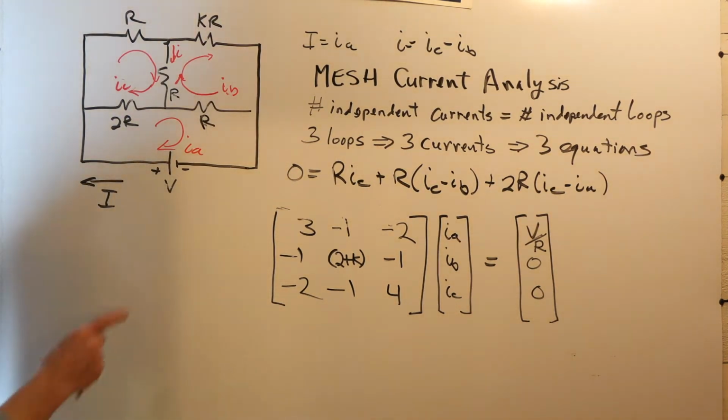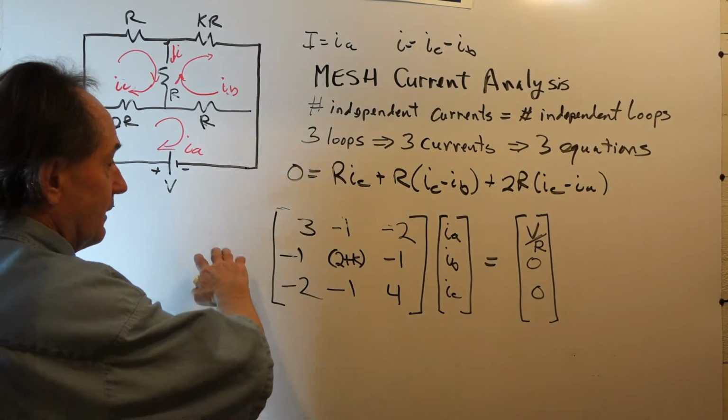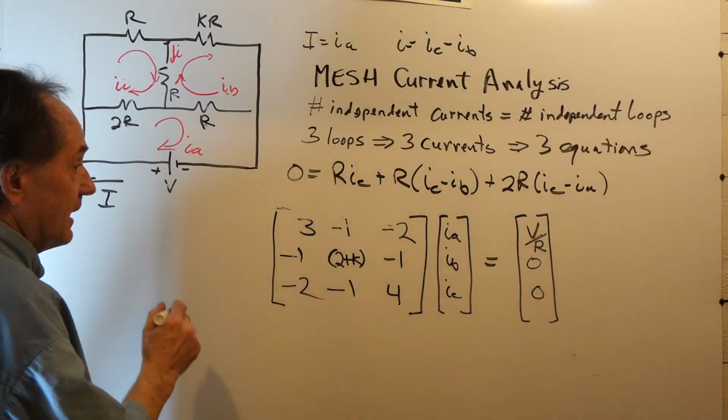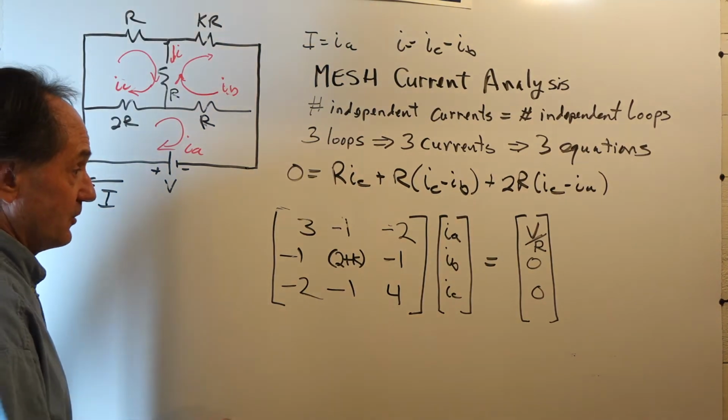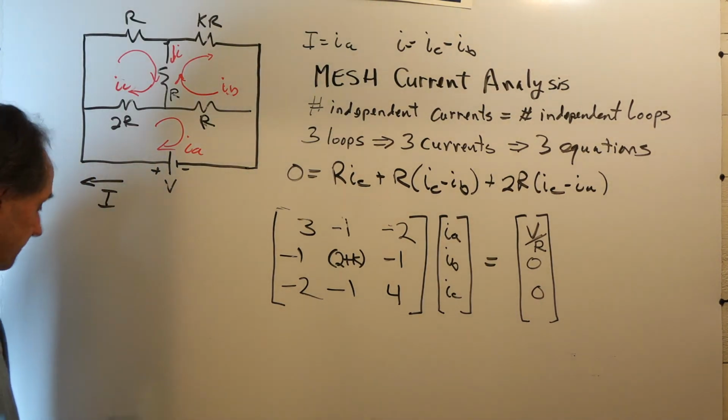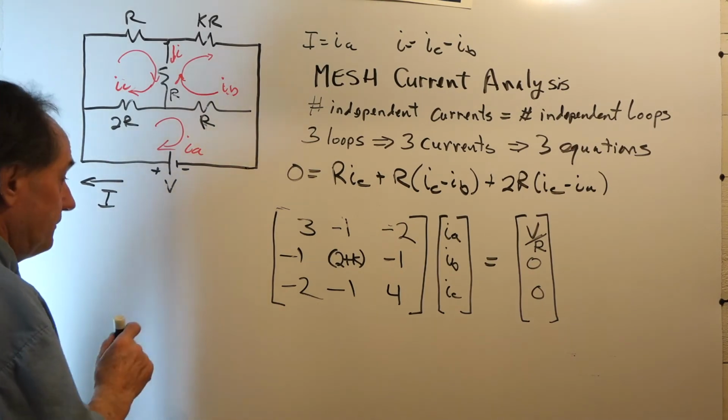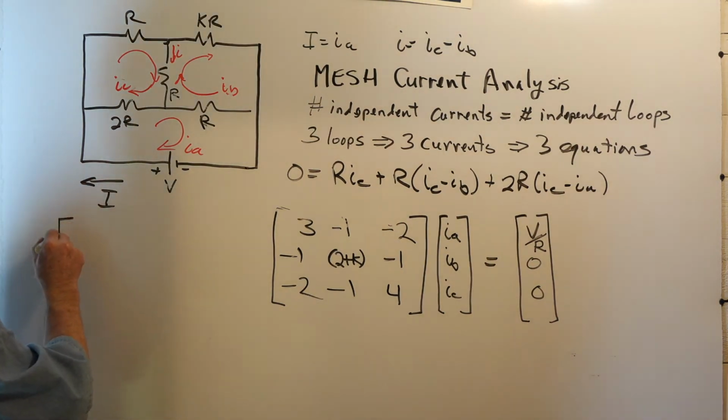Now, to solve this, we use row reductions, and what we do is we set up what's called an augmented matrix. I'll write that here.